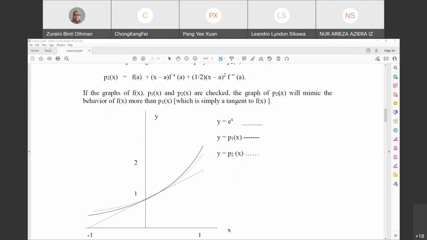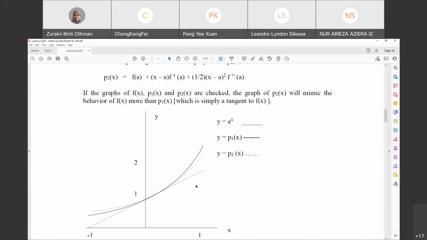Di mana p2(x) ni, yang titik-titik ni akan lebih menghampiri, menyerupai dengan lengkung asal. Sebab it is quadratic, right? And yang ni p1(x) ni dia linear. Dia lebih jauh lah daripada lengkung asal.